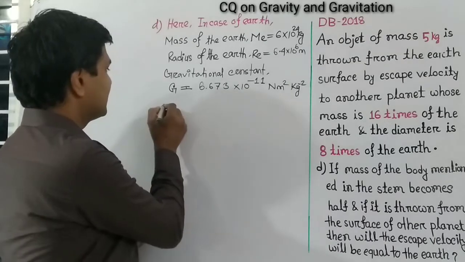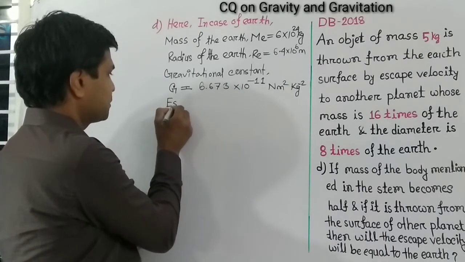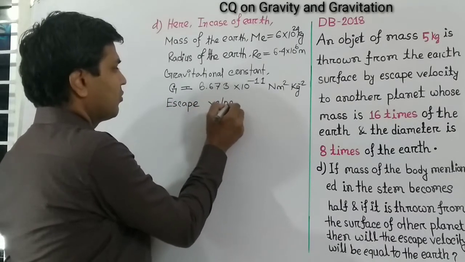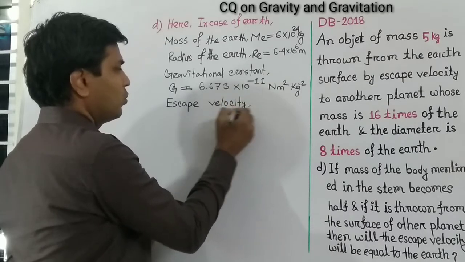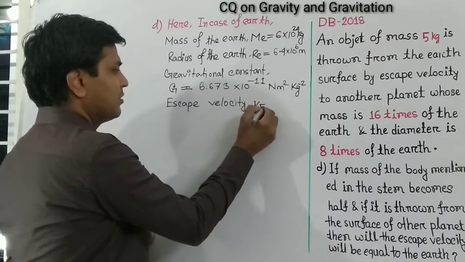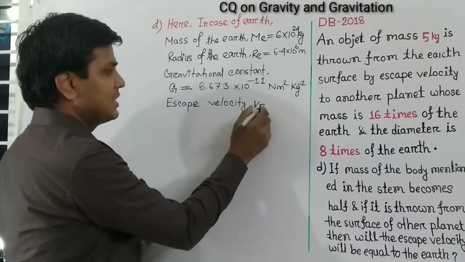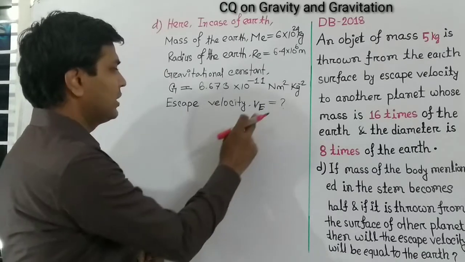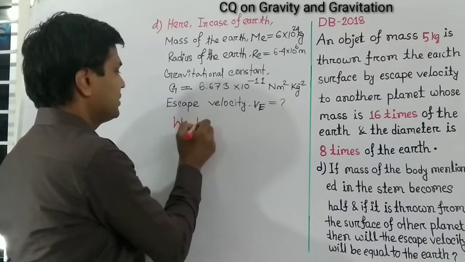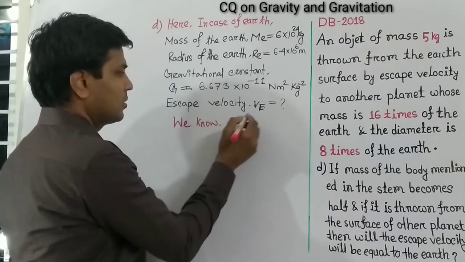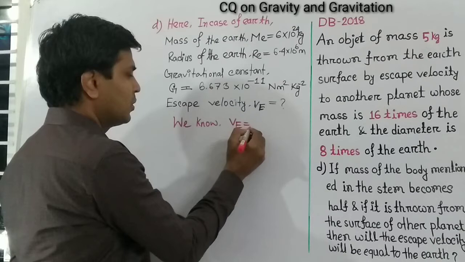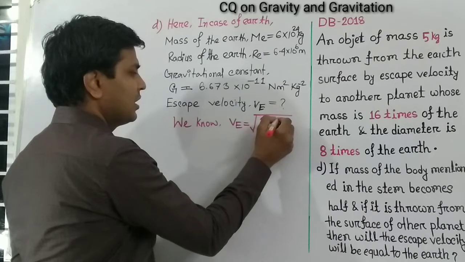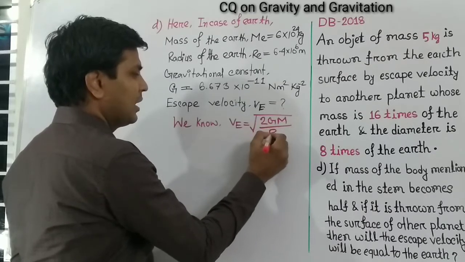We have to calculate the escape velocity. Escape velocity is denoted by V. In case of earth surface, we can write here VE, and we know there is a formula to calculate the escape velocity, which is VE equals to root over 2 capital G capital M divided by R.